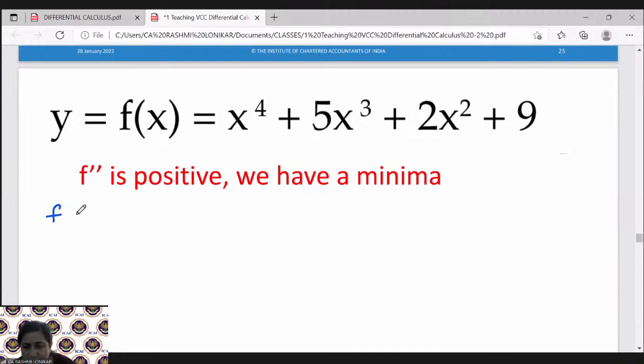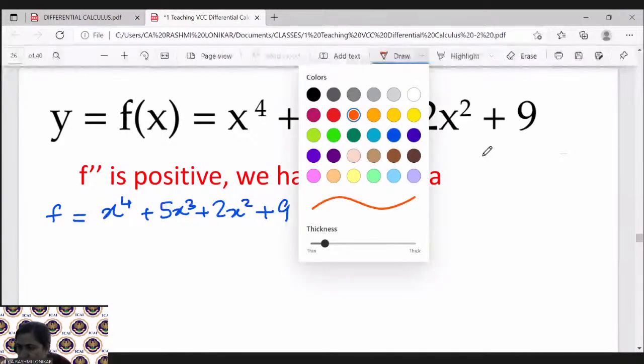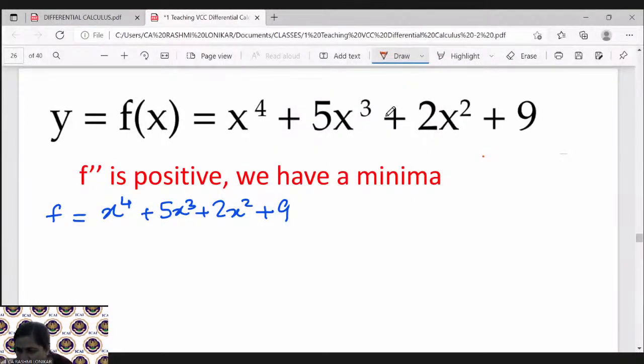Now I have f equal to x raised to 4 plus 5x cube plus 2x square plus 9. Okay, or let me take this instead of this. Just let me take it as a minus sign.